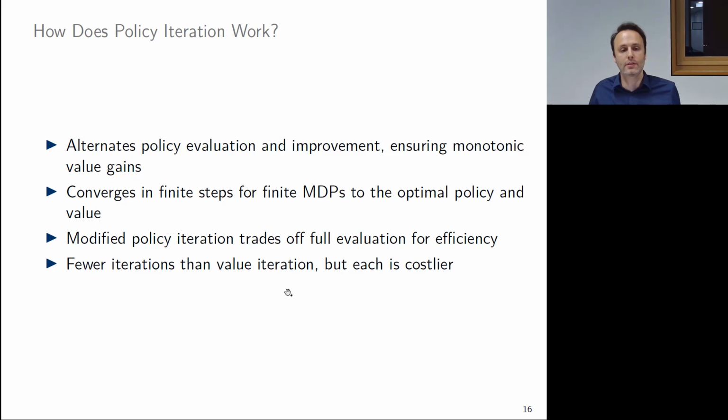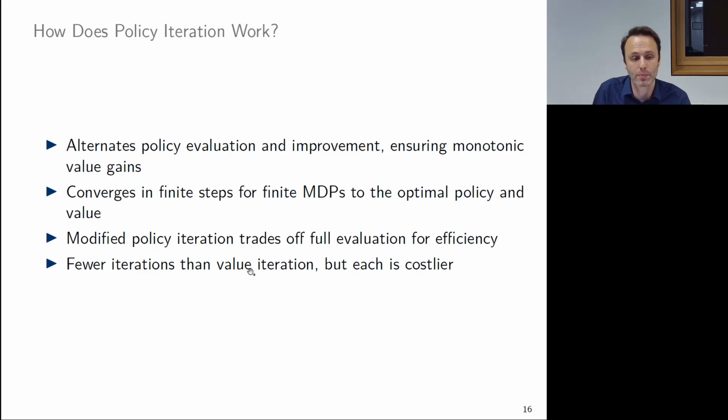So how does policy iteration work? Policy iteration is an algorithm that can directly work on the policies and ensures monotonic improvement. It converges in finitely many steps, often in the order of only 10 or something really small, for finite Markov decision problems.